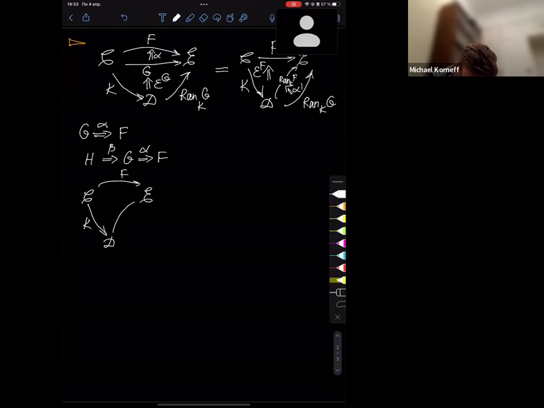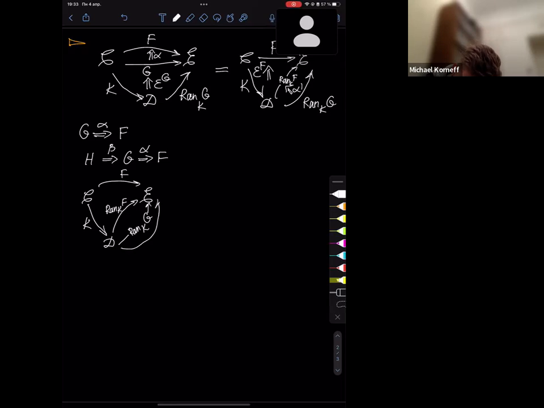And this is a right Kan extension of F along K. This is a right Kan extension of G along K, of course.